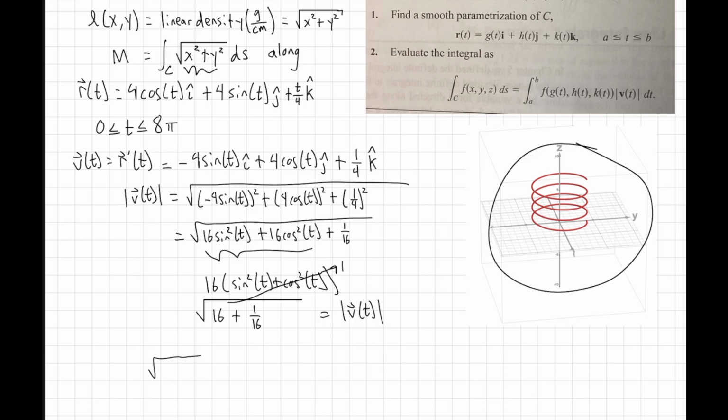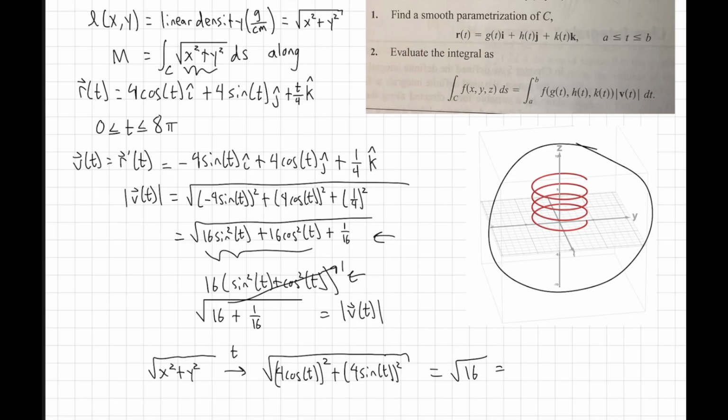So the square root of x squared plus y squared, when we turn it into t, becomes the square root of 4 cosine of t squared plus 4 sine of t squared. And following the same trick I did above, where we factor out the 16, this just ends up being the square root of 16, which is equal to 4. So now we have everything we need.